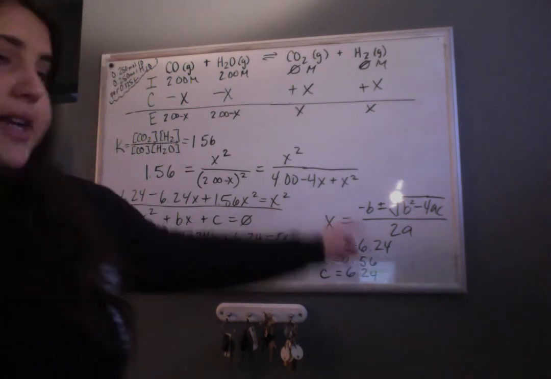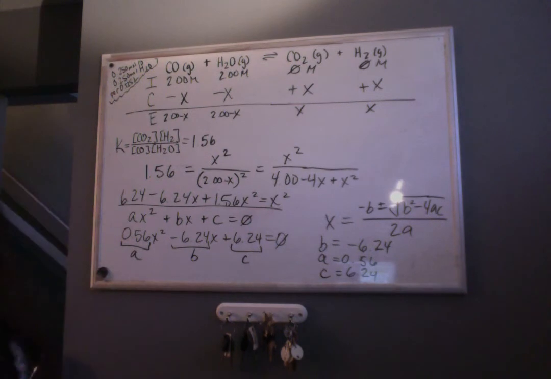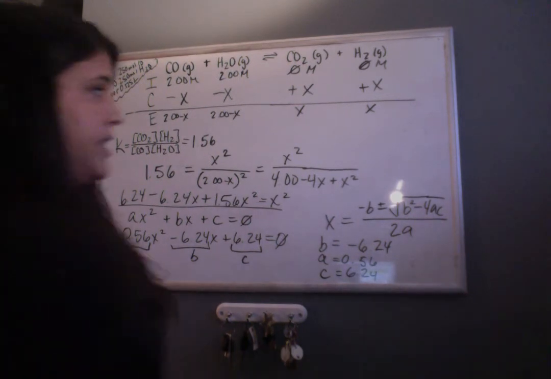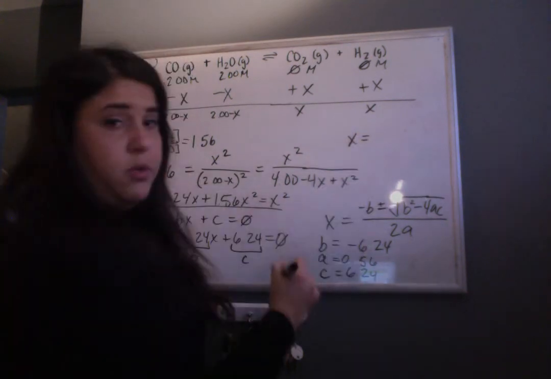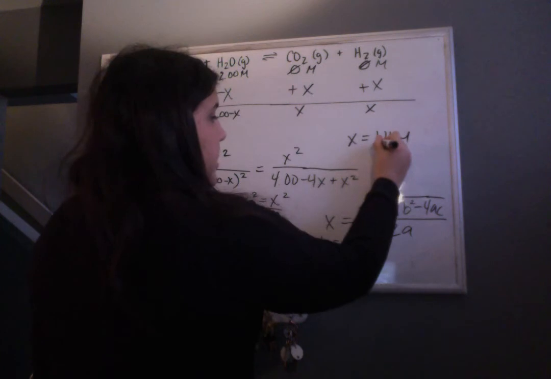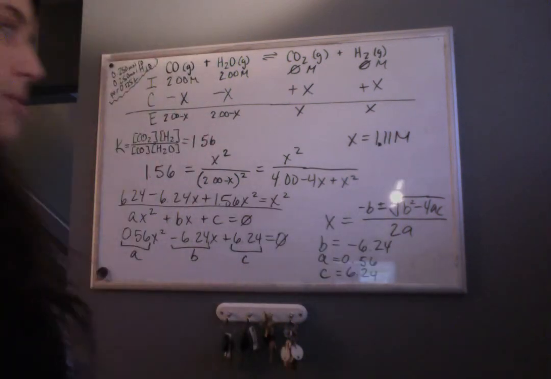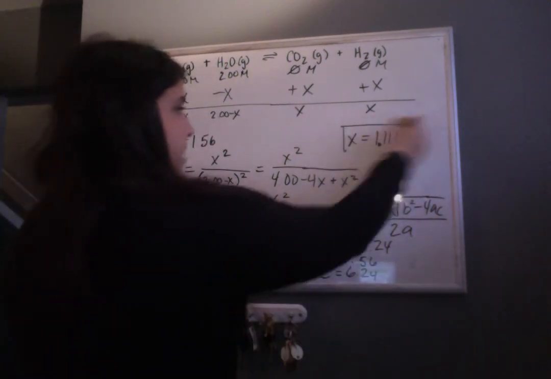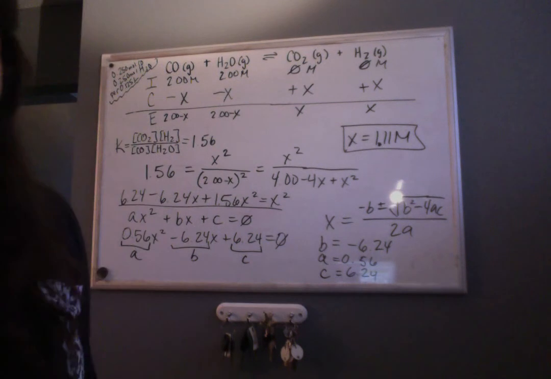When I solve for x, I should get two answers. The correct one will be the positive value. The positive value I get is that x is equal to 1.11 molarity. That was really exciting, that we had to do the quadratic formula and it gave us this number.